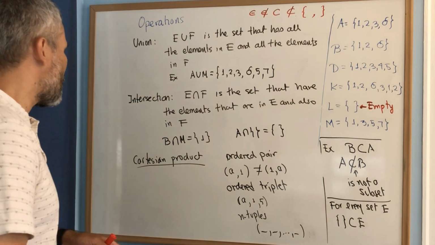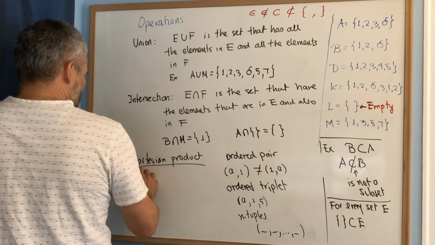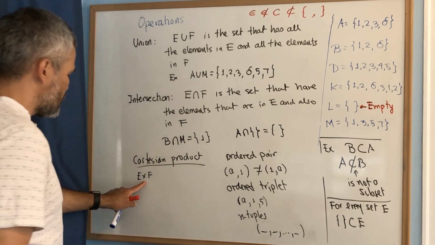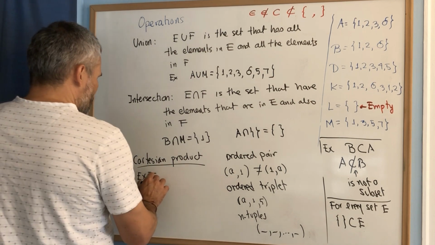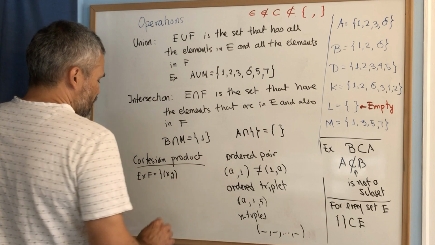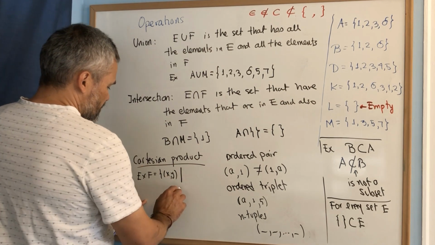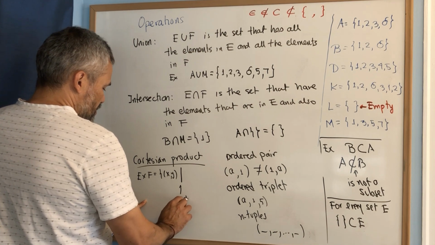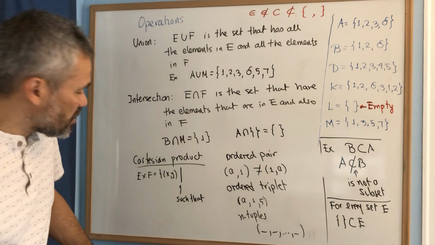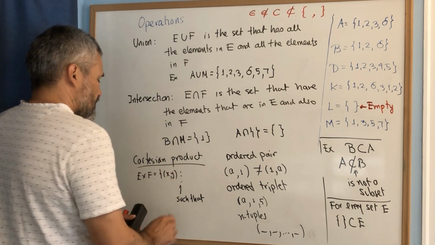Then for the Cartesian product of 2 sets, let's say E, the notation is E cross F. This is the set of ordered pairs, and you can, let's say, X and Y. But I forgot to mention, but this means such that. Sometimes we use this, or sometimes we use just 2 dots like that.